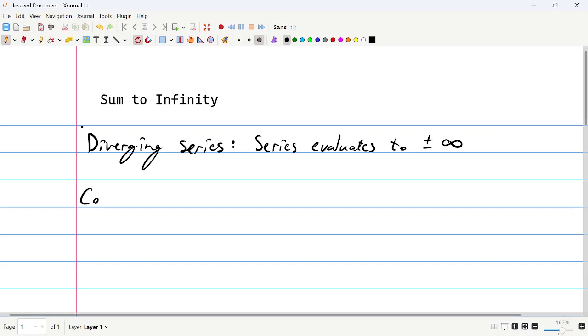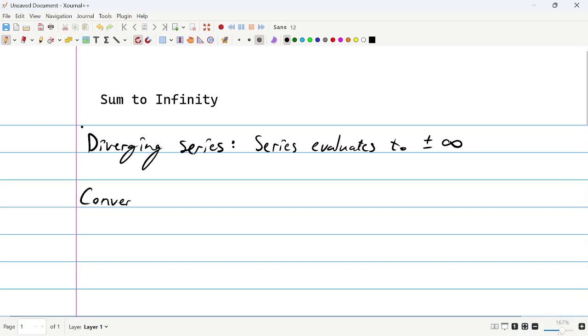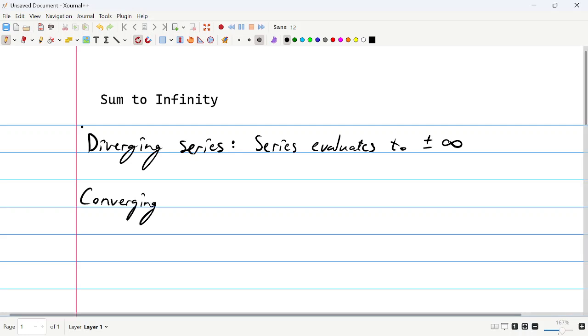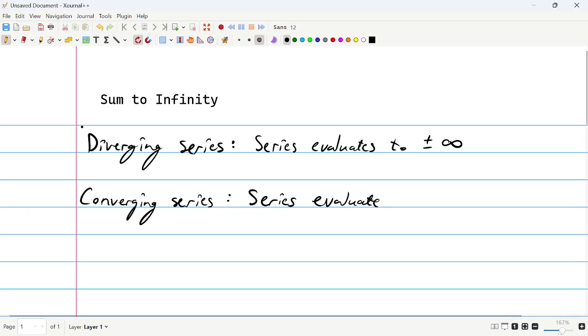But a converging series is when the series evaluates to a finite value.